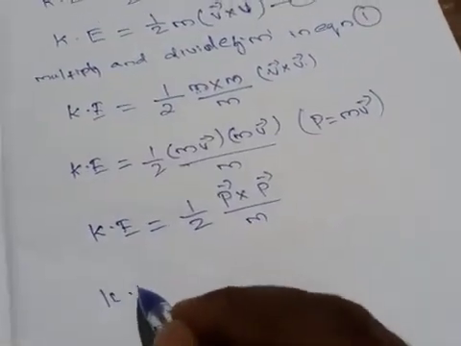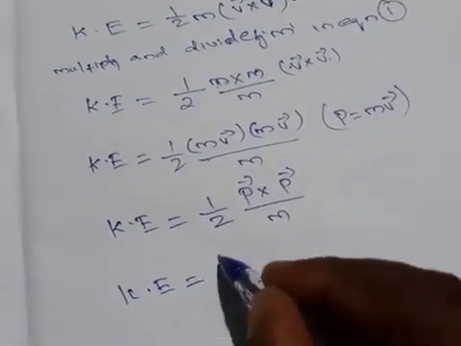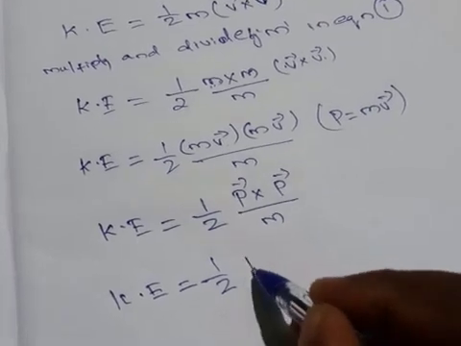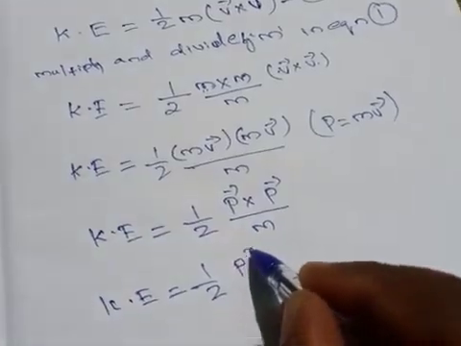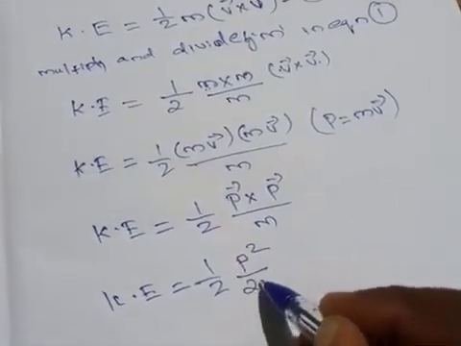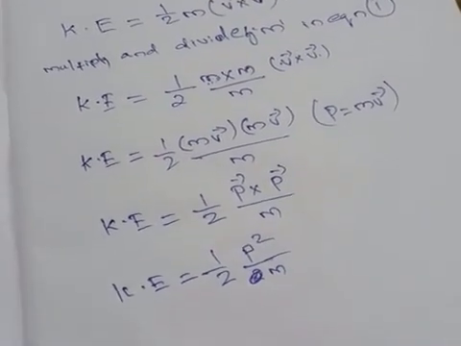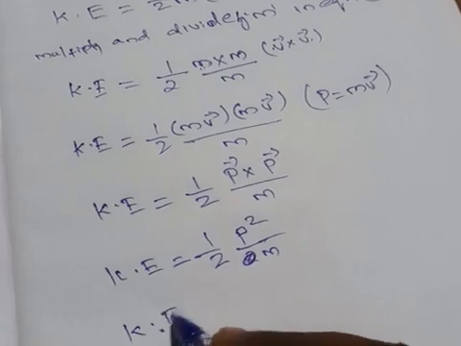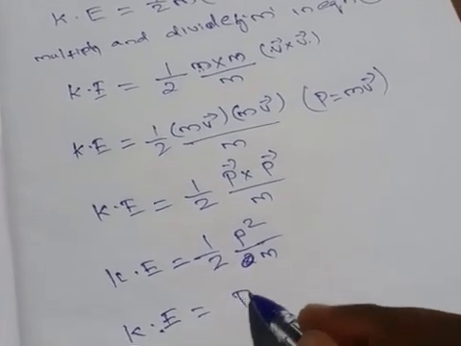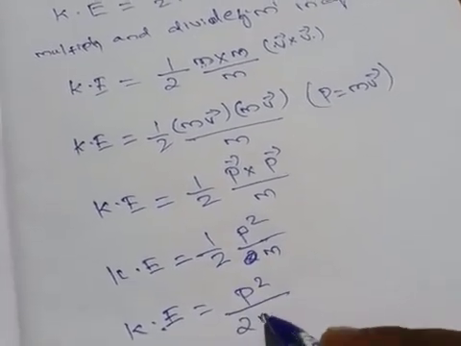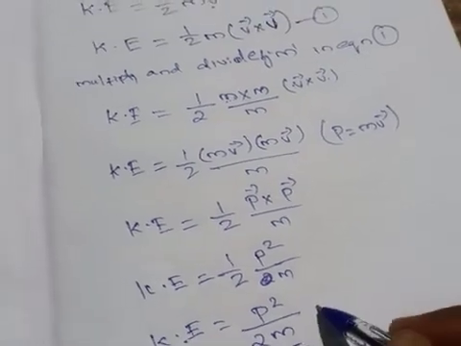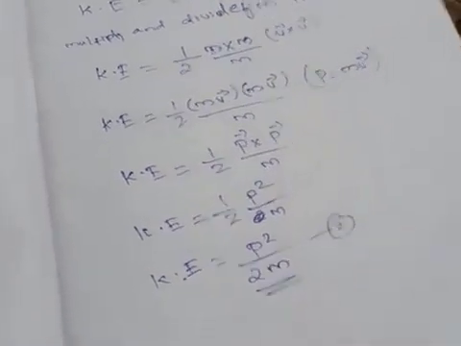Kinetic energy is equal to half p square by m. I can write this equation, kinetic energy is equal to p square by 2m. So this is equation 2.